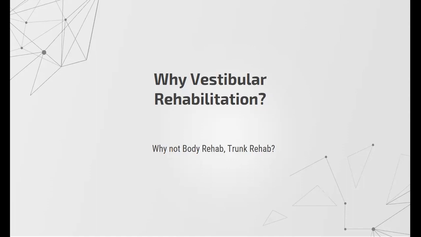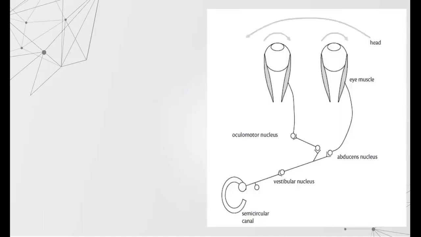The first thing that comes to my mind is the vestibulo-ocular reflex. I will not go into detail, but we will see what exactly it is. Whenever you are fixating on a target and you move your head to the right side, the eyes should move to the left side with equal and opposite velocity to maintain the gaze.